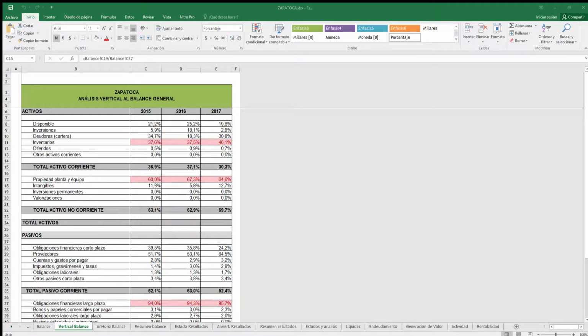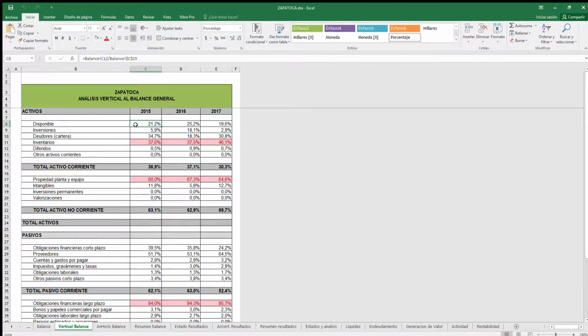As you remember the values of the general balance, we can see the percentages that are done by dividing each item by the total of the respective asset.